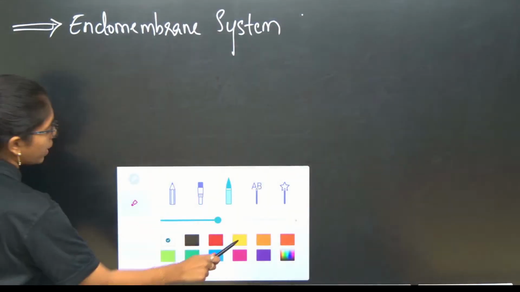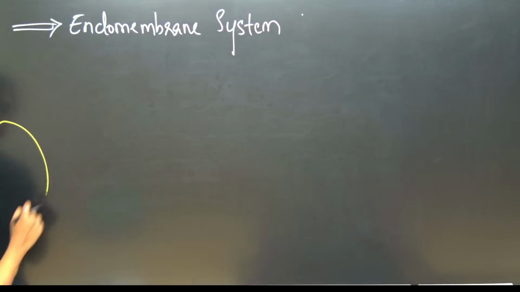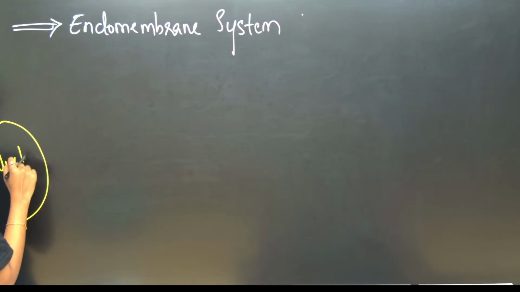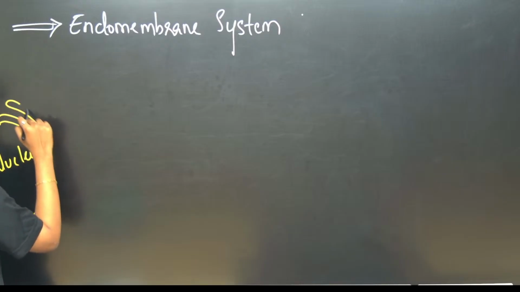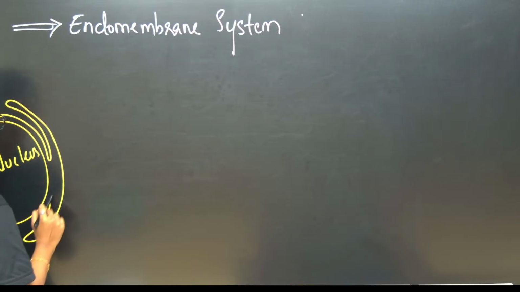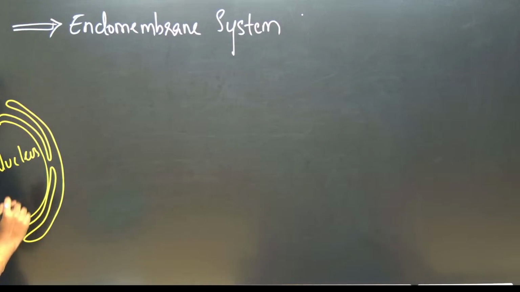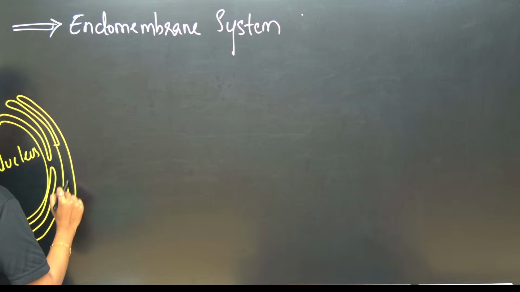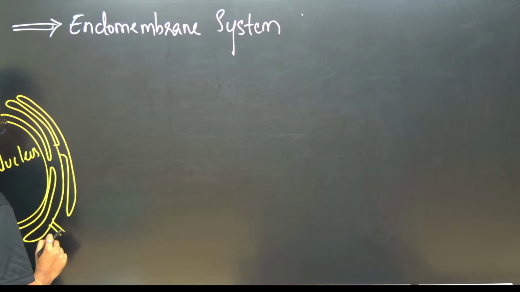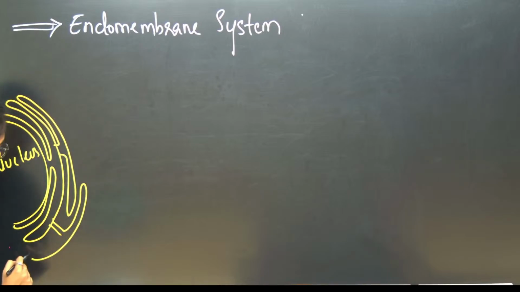Endoplasmic reticulum. Endoplasmic reticulum is nothing but, this is the nucleus and nuclear envelope, and the reticular network of structures which are the extensions of the nuclear envelope. These are the extensions of what? Nuclear envelope.